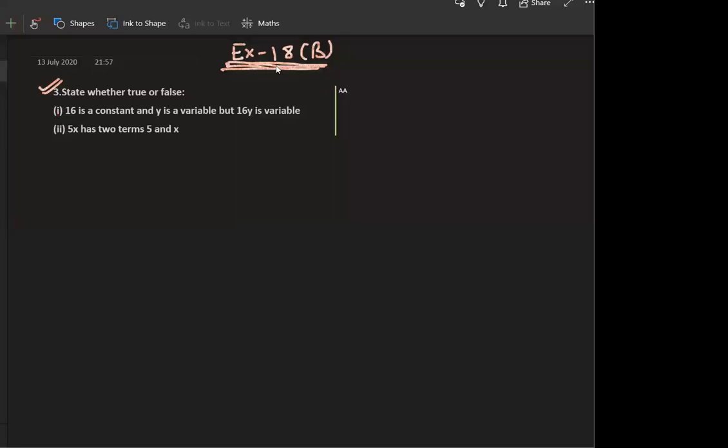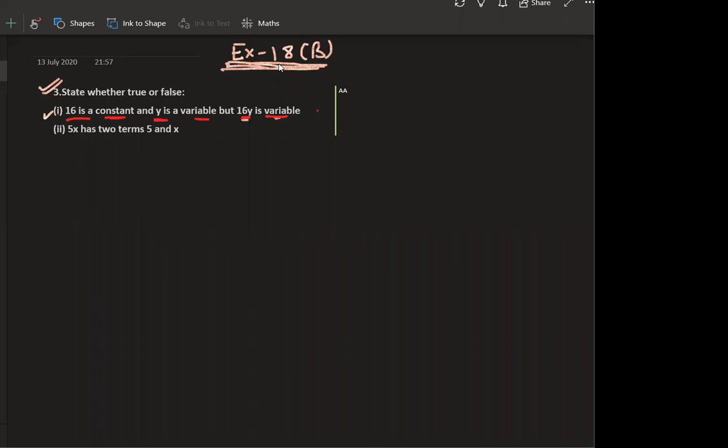Question 3 says state whether true or false. Part 1: 16 is a constant and y is a variable, but 16y is a variable. So what do you think about it? Is it true or false?